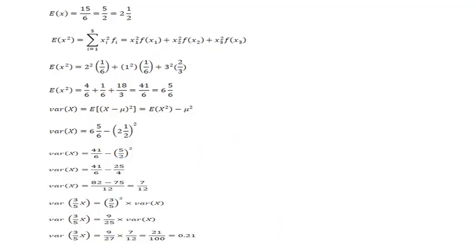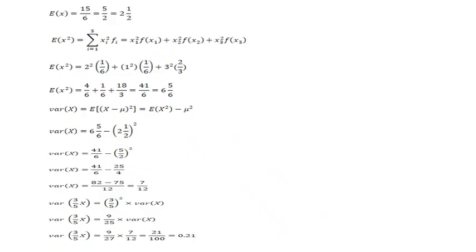So now our variance of x, what is our E of x squared? The one we estimated, which is 6 whole number 5/6, minus E of x, our E of x is 2 whole number 1/2, all squared.